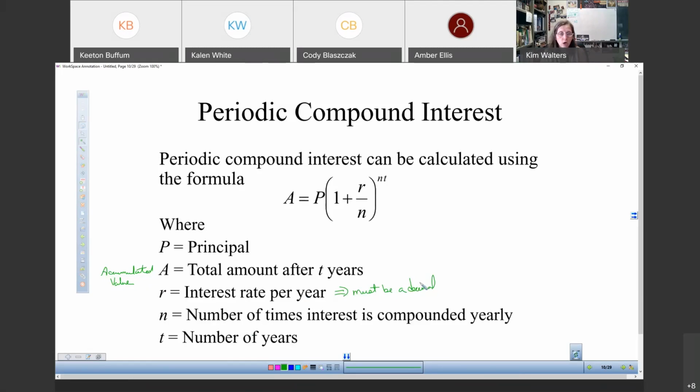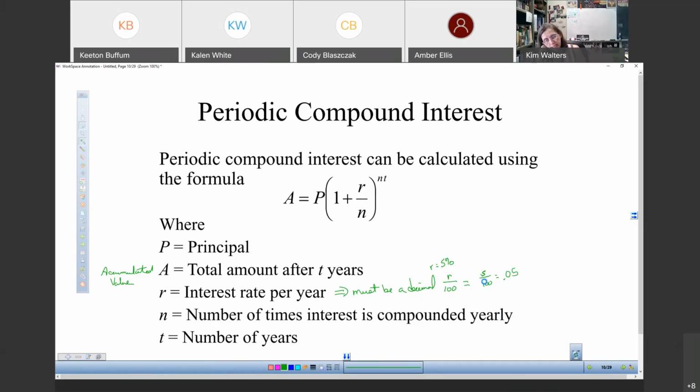And if you recall, in order to write this as a decimal, we take the interest rate divided by 100, or you move the decimal 2 places to the left, okay? So for example, if R is equal to 5%, then this would be 5 over 100 or 0.05, okay? So just remember you have to move your decimal.